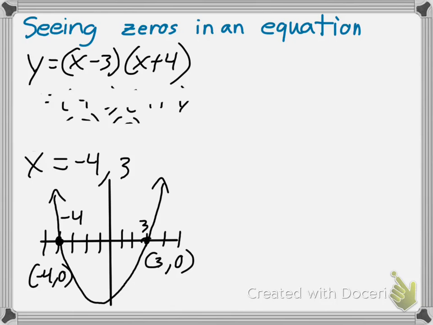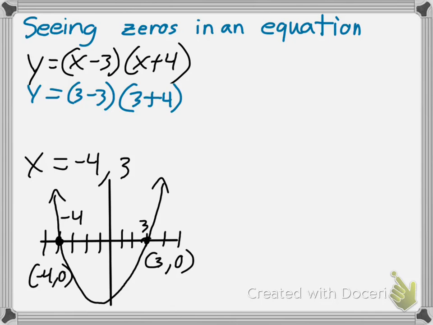Let's go ahead and plug in 3 now and see what happens. And watch for what's happening and see if you can identify exactly why it's happening just like it is. Okay, so if I plug in a 3, we get y equals 3 minus 3, and then 3 plus 4. And if you notice, on the left side, the 3 minus 3 becomes 0, so we get y equals 0 times 7.